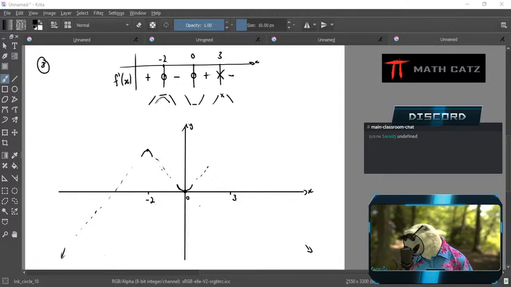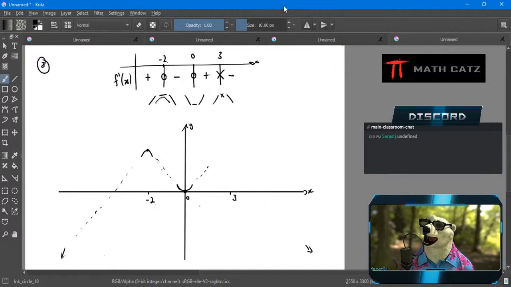The derivative is undefined. But they didn't tell me the original function was undefined, which means it's defined. I can't assume stuff. So there is a point. The derivative is undefined.